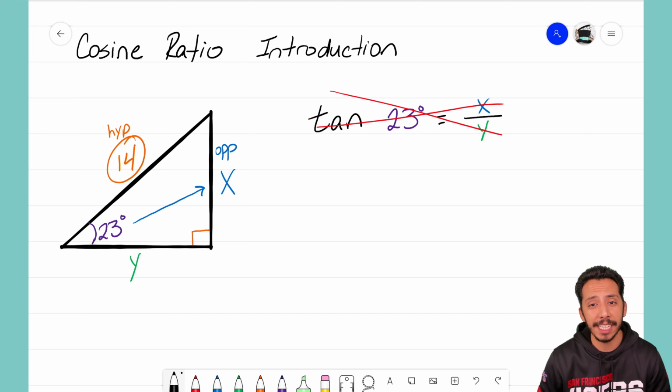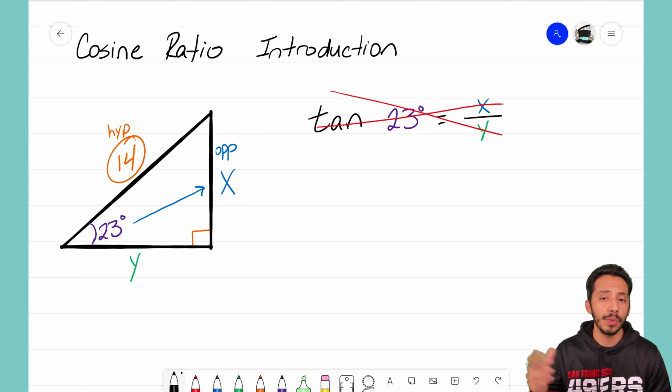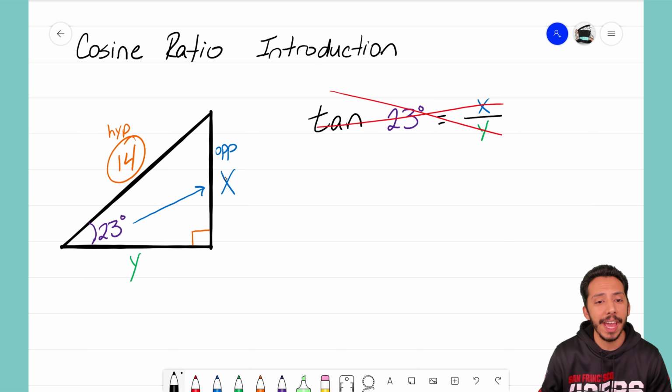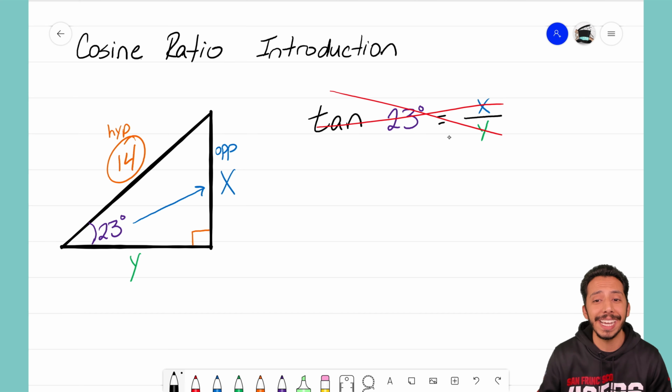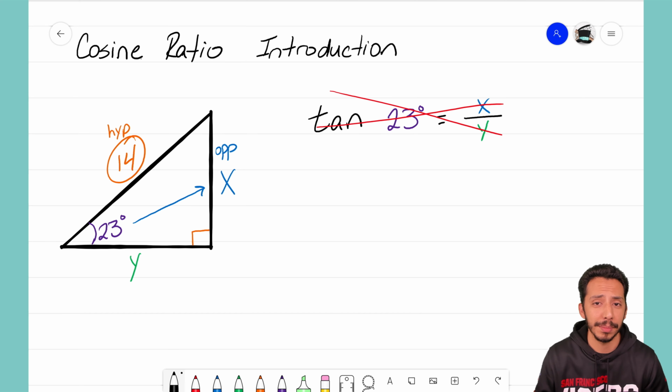Now, we talked about in the last problem where I have this right triangle here, where I don't know the opposite side here of x, and I don't know the bottom side here of y, but I did know what the hypotenuse was. That was 14. And we learned in the last video that tangent did not work in this problem, right?